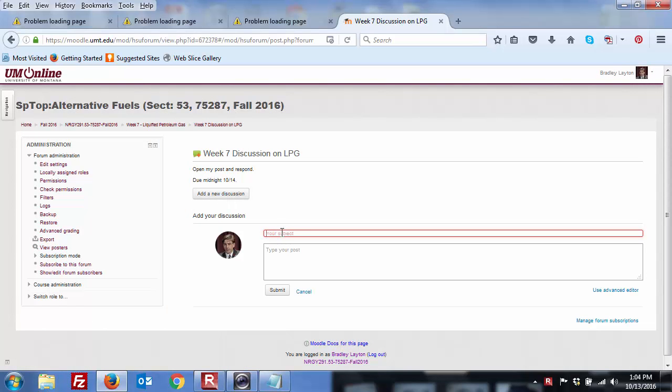Just going to post something here. Do a little research and see. Basically, I want to see what the market prevalence of LPG is.